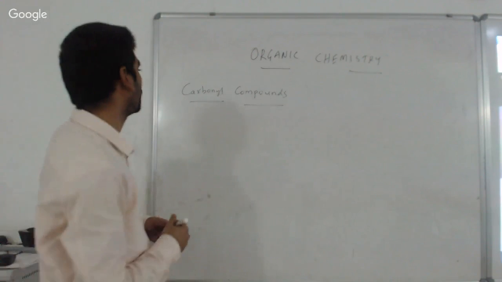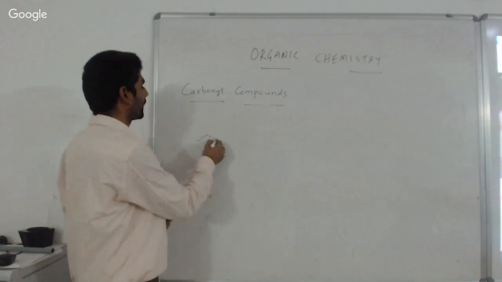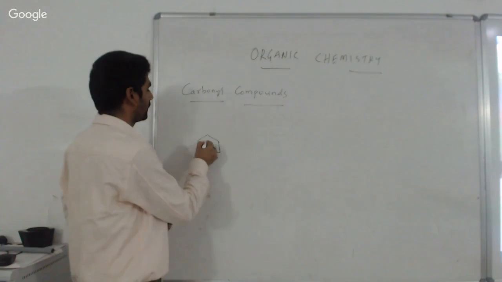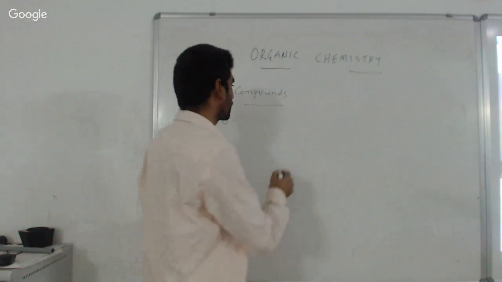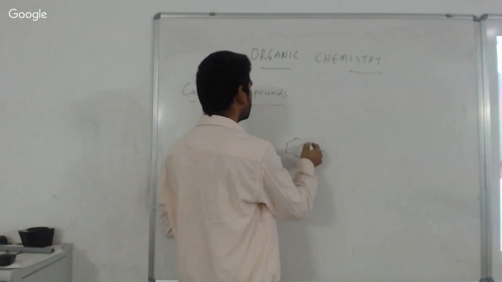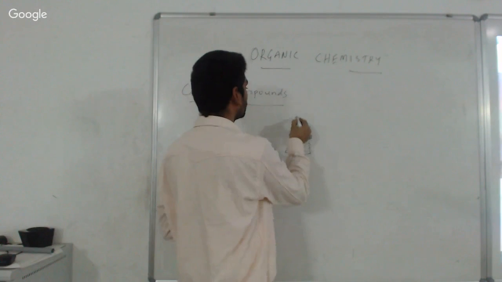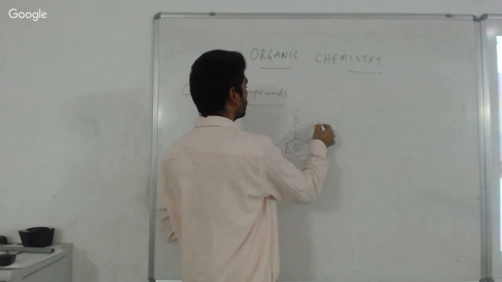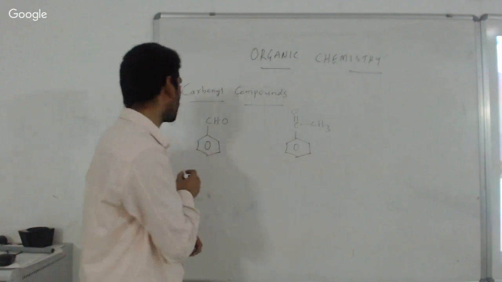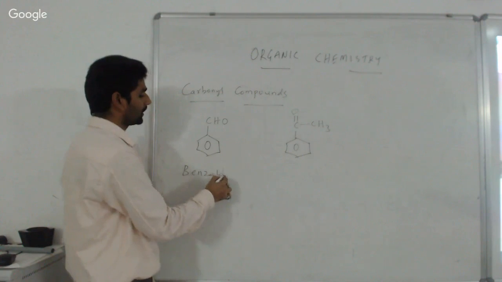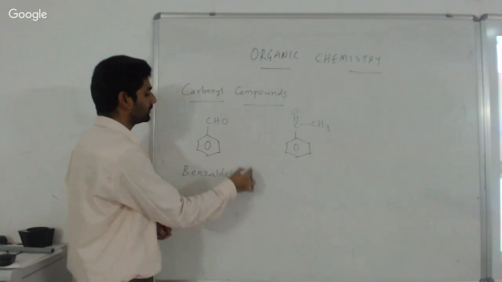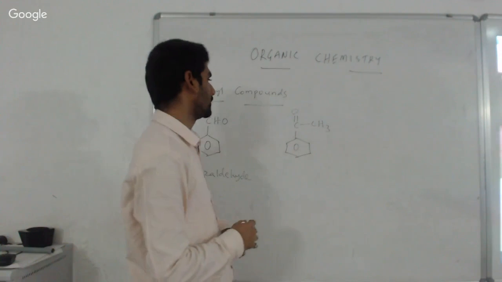Next, aromatic compounds. Aromatic aldehydes, aromatic ketones. The name of this compound is benzaldehyde. Benzaldehyde is the name.